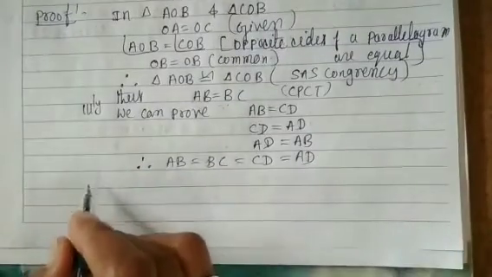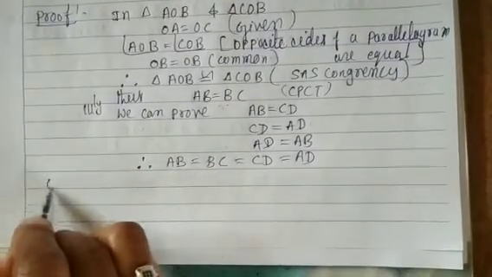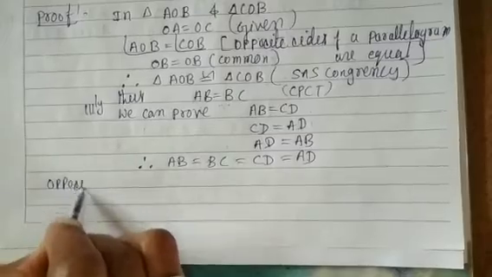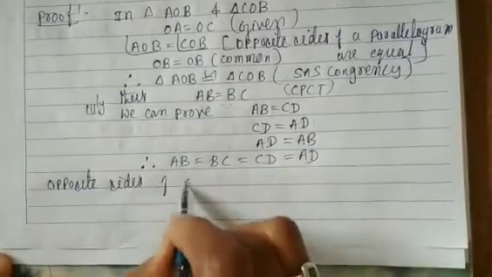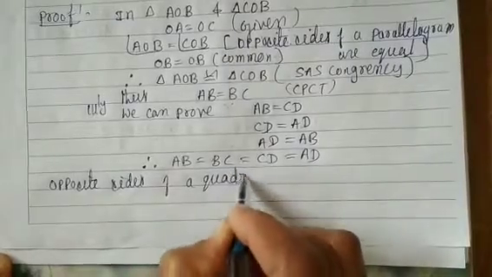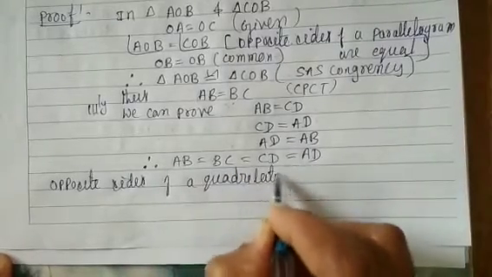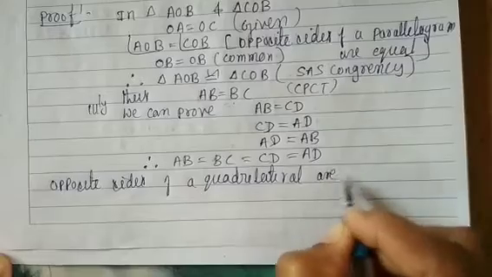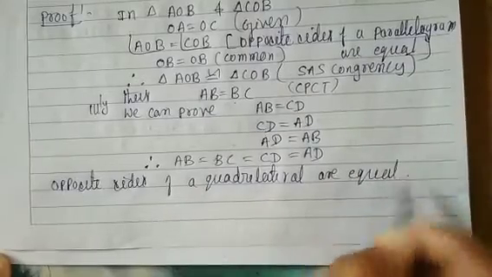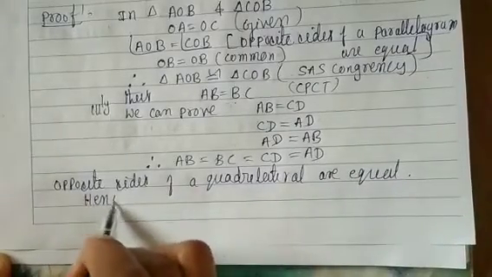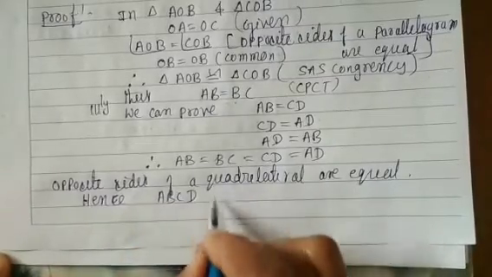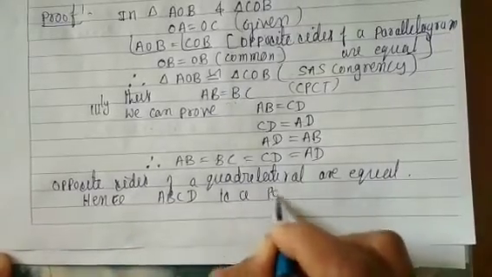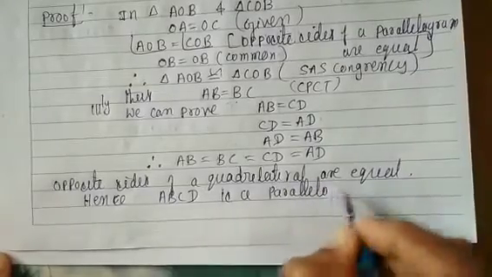So, opposite sides of a quadrilateral are equal, and hence we also prove ABCD is a parallelogram.